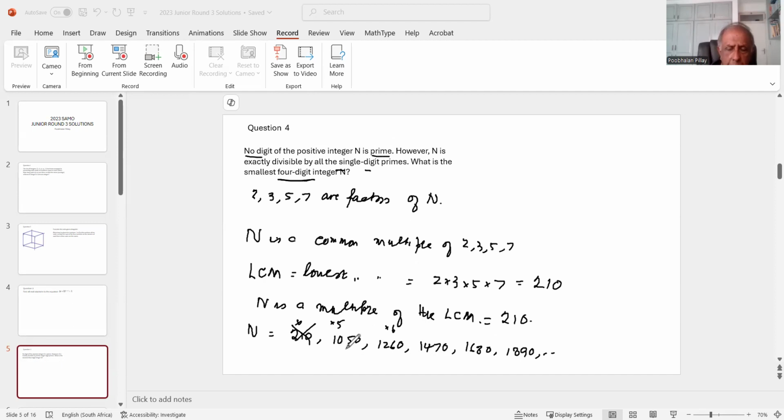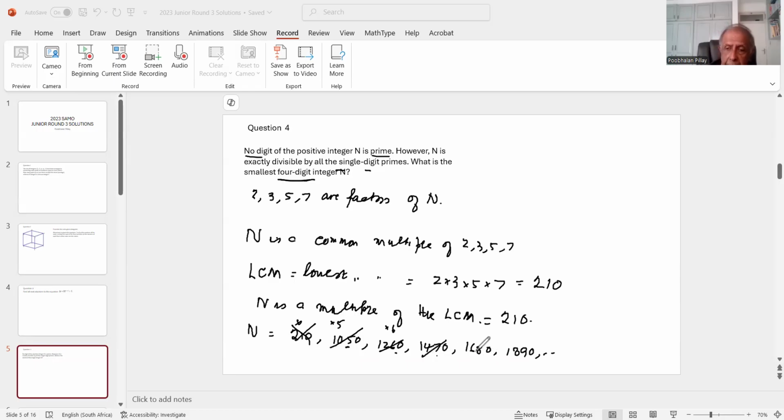You can eliminate this because one of the digits of this number is 5, and that's a prime number. Here, one of the digits is 2, and that's a prime number. It says no digit is a prime number. Here too, one of the digits is 7. That's a prime number.